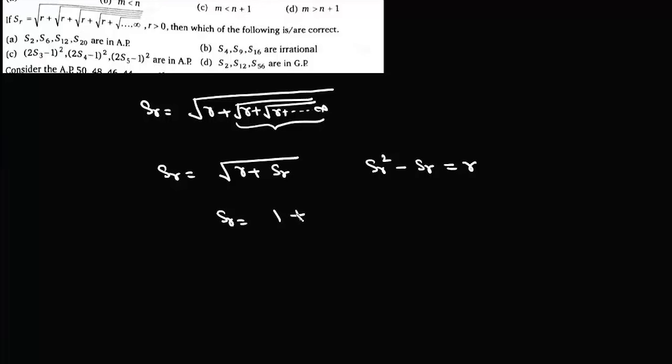Now this also is going to be SR, so we can write SR equals under root of R plus SR or SR square minus SR, it is equal to R. Now if we solve SR, we can write it is going to be 1 plus minus, we'll discard minus because this sum is going to be positive, and it will be under root of 1 plus 4R divided by 2.